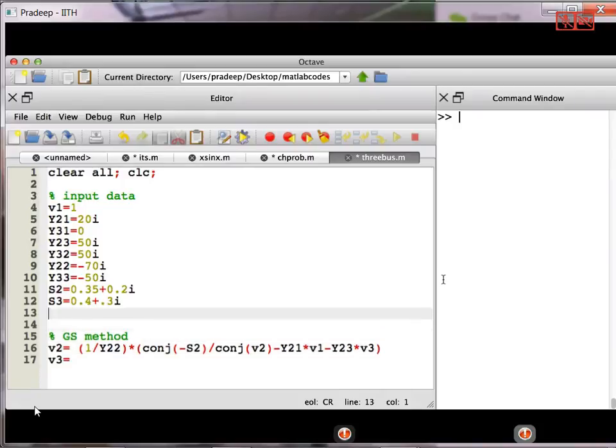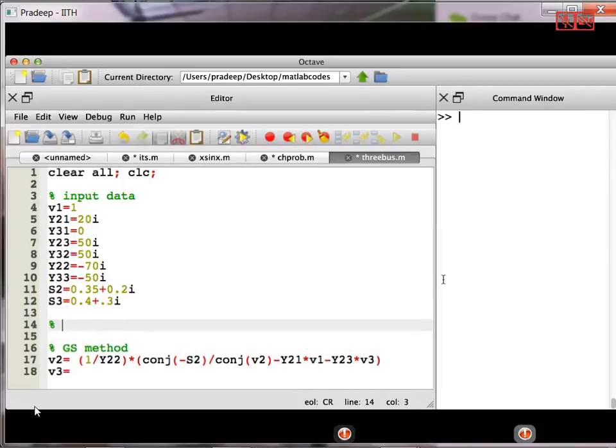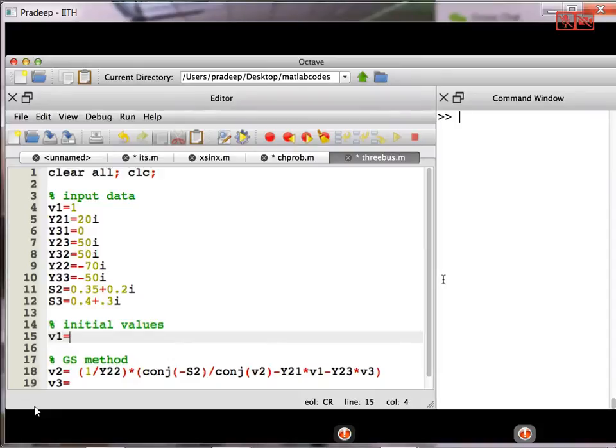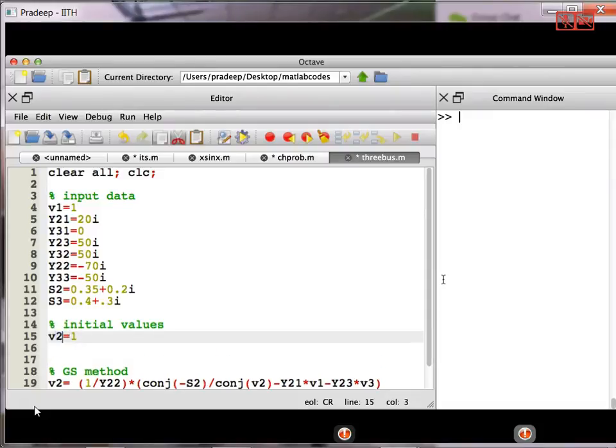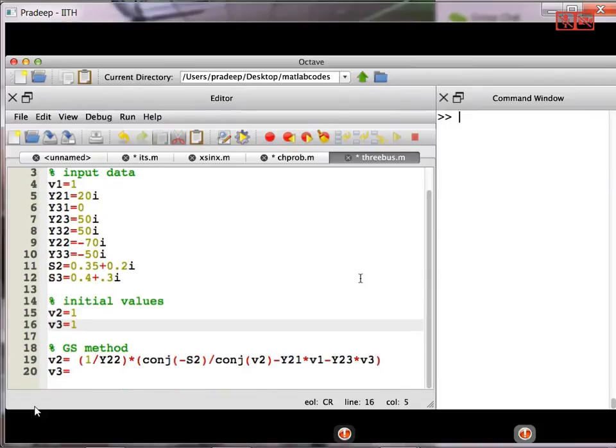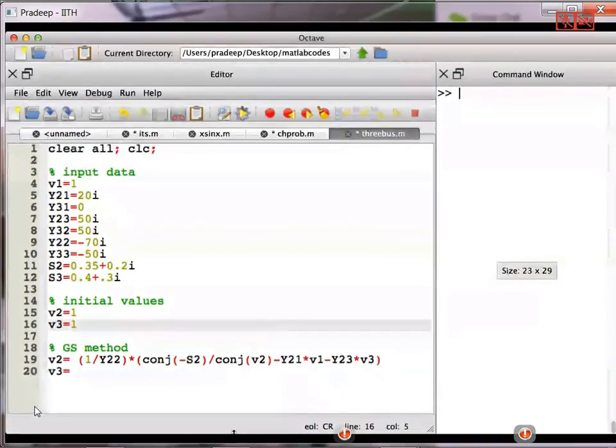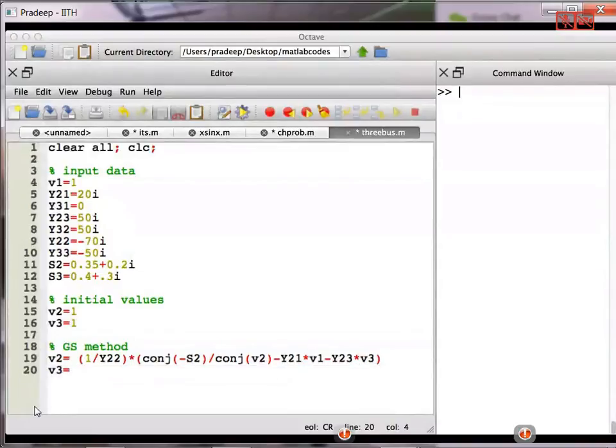Initial values I'll take V1 equal to 1 per unit, and V2 and V3 also equal to 1 per unit. These are my initial values. Now what is the equation for V3?